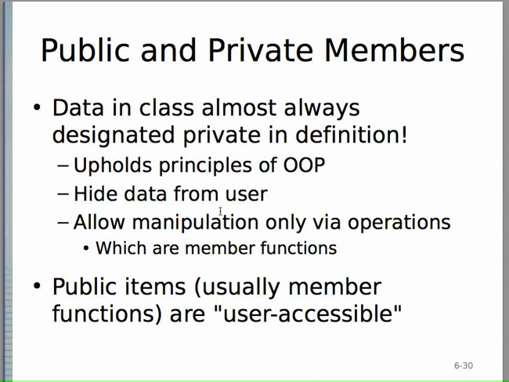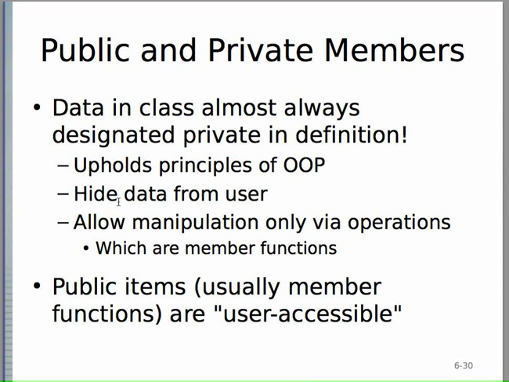Okay, so remember we said that classes can have public and private data members. Data in a class is almost always private, and a rule of thumb is keep them private. Keep all data members private unless you have a really good reason not to make it private. So this upholds a lot of the principles of object-oriented programming, making data members private.